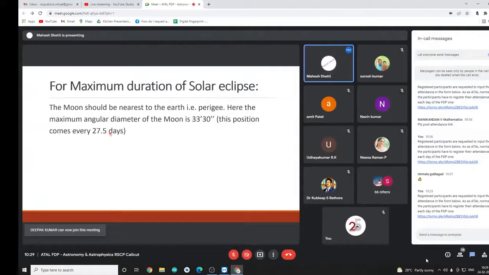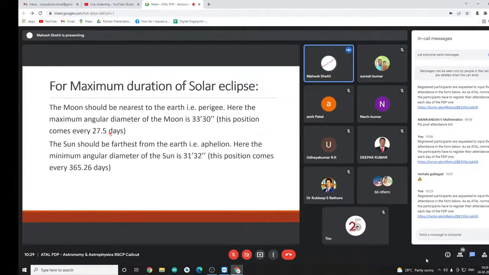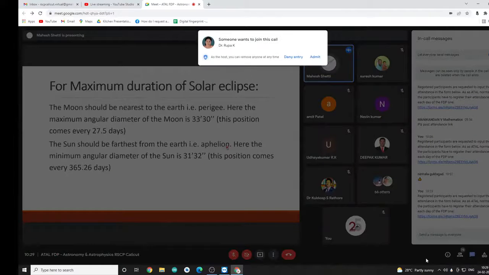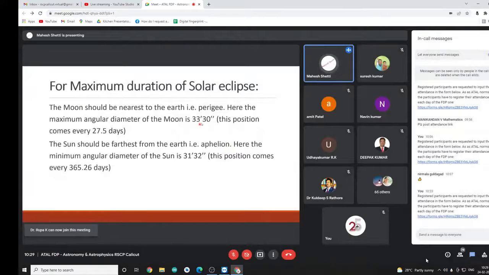But of course, on that day it is not necessary that the new moon will take place. The sun should be farthest from the earth, the aphelion position. Why? Because if the sun is farthest, the sun is smaller in angular size, the moon is larger in angular size, and therefore the solar eclipse will last for a longer duration.